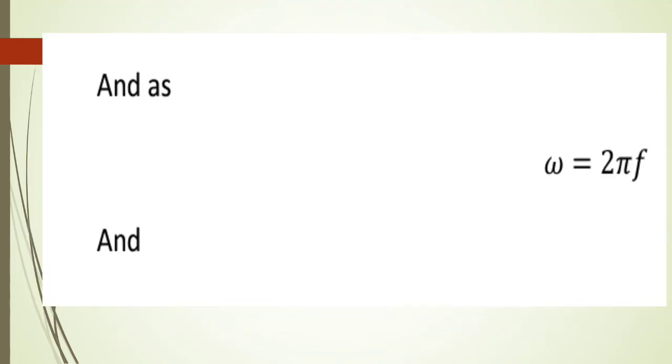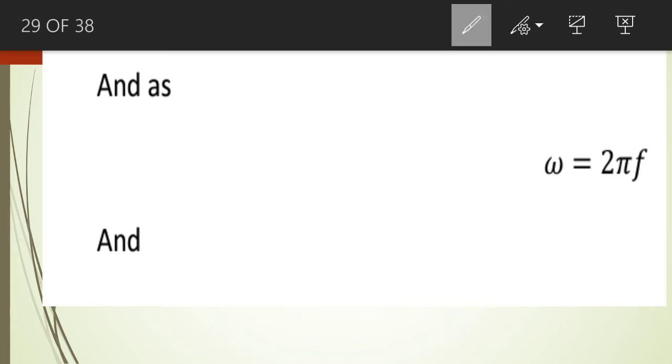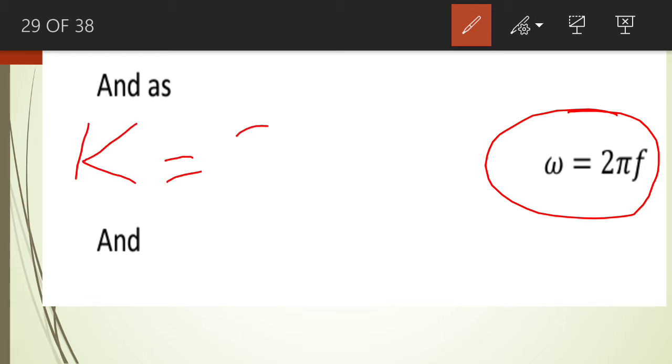Now we know that omega is equal to 2 pi f, and k is equal to 2 pi divided by lambda.